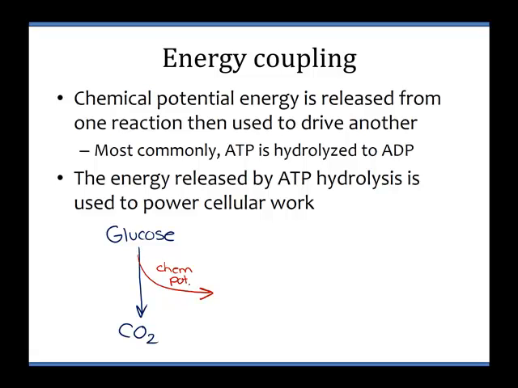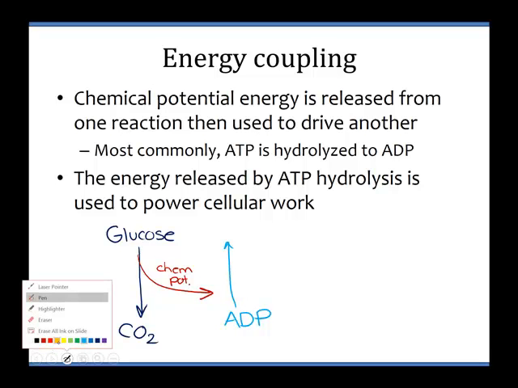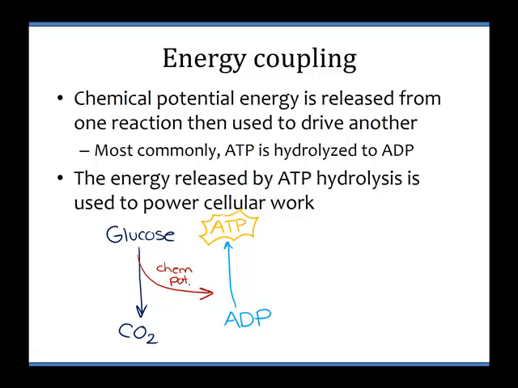We're extracting chemical potential energy from glucose, and we are taking ADP, using that chemical potential energy to convert that ADP into ATP. Because remember, conversion of ADP into ATP takes energy.